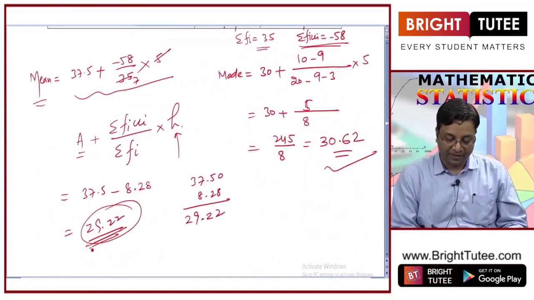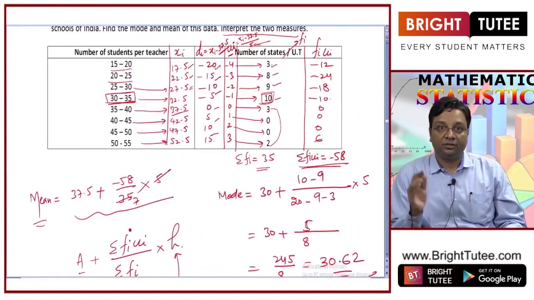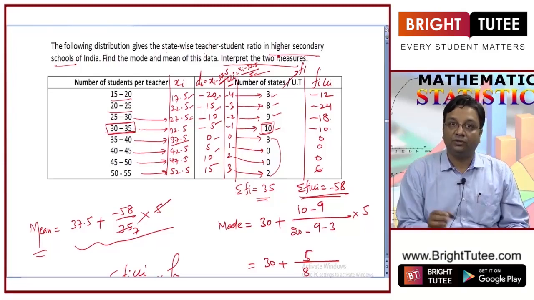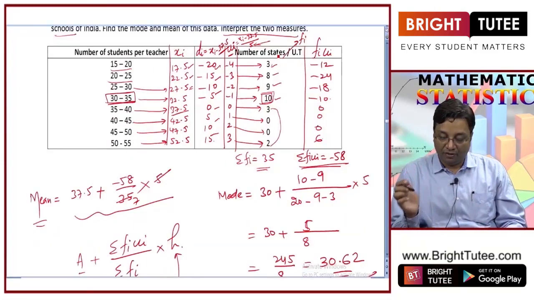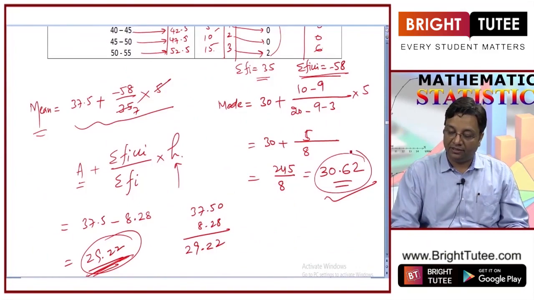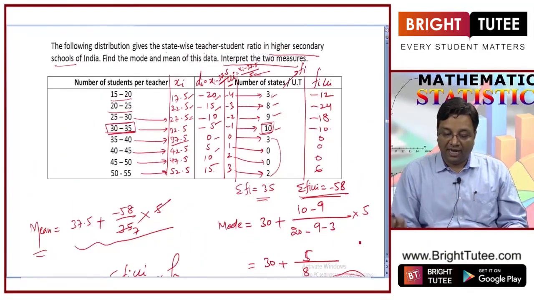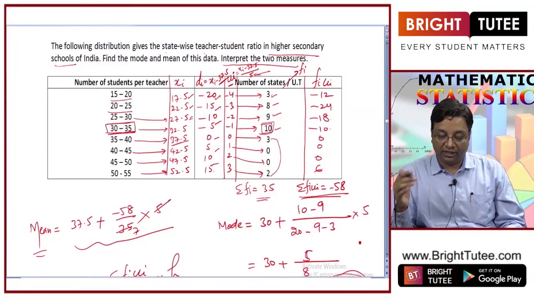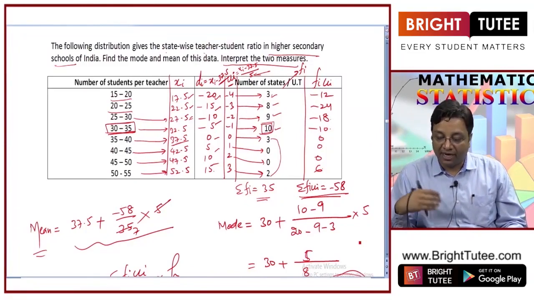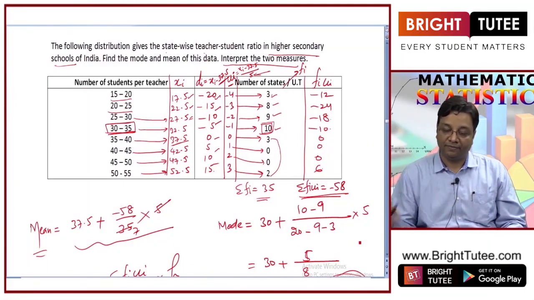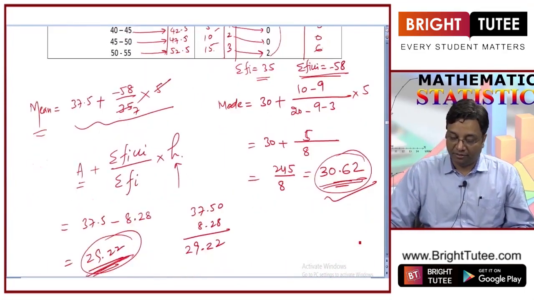This gives us the average teacher student ratio in higher secondary schools of India, right. What does this data signify? This gives us the average of teacher student ratio having the maximum teacher student ratio, right. Okay. So, this is the interpretation here.